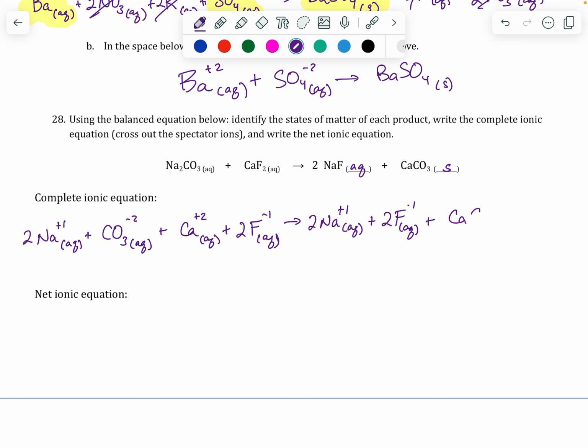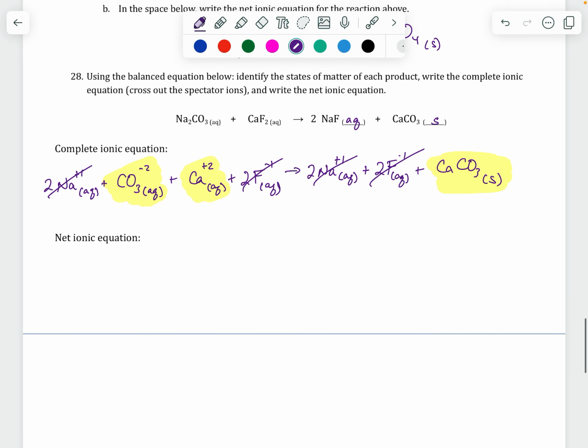And we have our calcium carbonate solid that does not dissociate. So again, I can look at what's the precipitate that's formed, what are the ions that form it. Everything else is a spectator, everything else is just watching the show. Even though it's in a different order, I like to put the positive cation first always, because that's what our formulas do. And we have our carbonate ion there, and we end up with our solid precipitate.